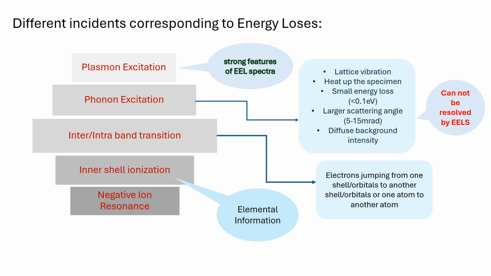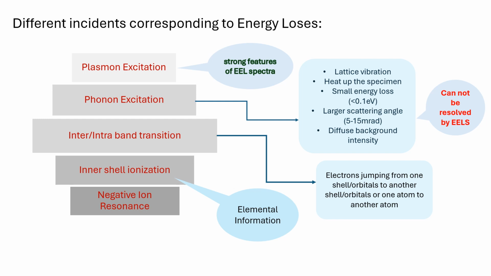So what is a phonon excitation? It means lattice vibration. So lattice vibration is occurring, which leads to heating up the material, and the energy loss is very low in this process, less than 0.1 electron volt. The scattering angle is quite large for this process, around 5 to 15 millirad, and due to this large scattering angle it gives a diffused background.